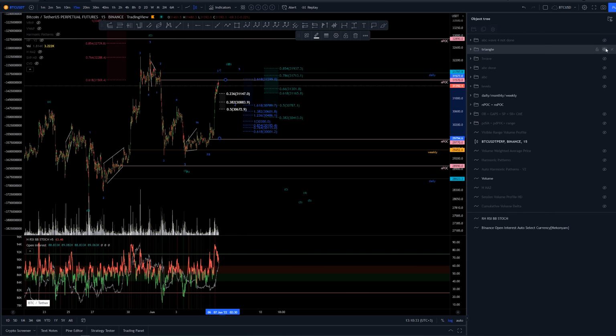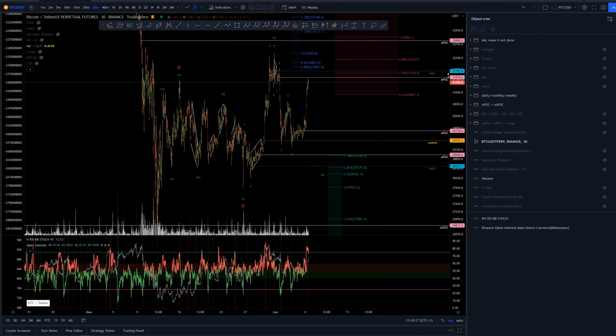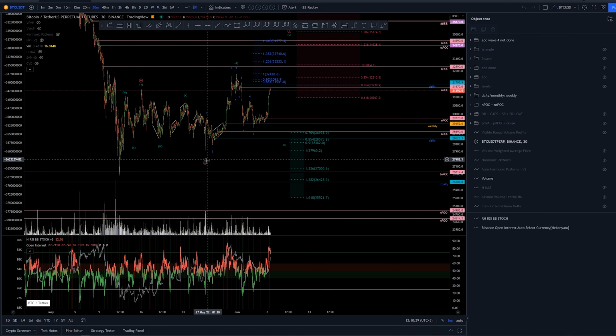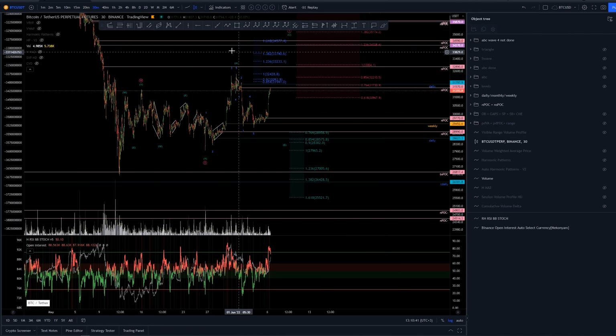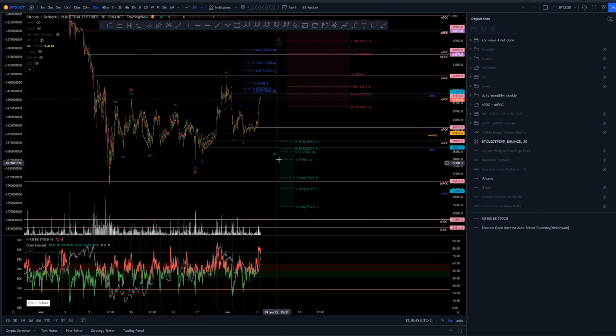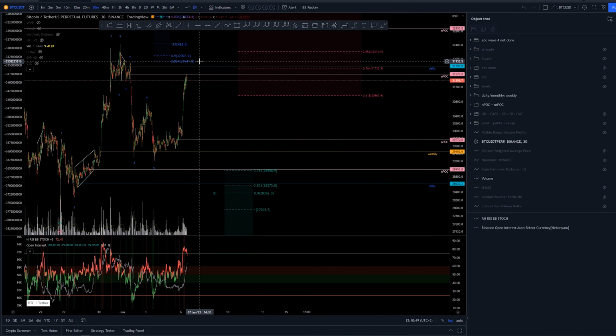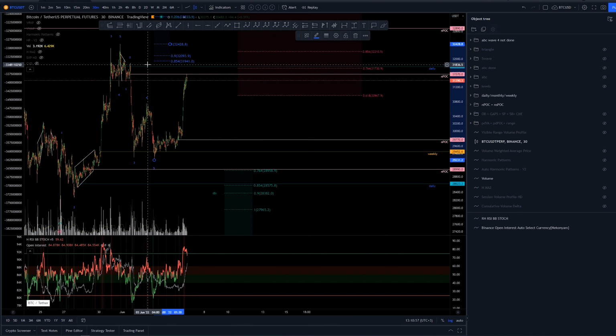Now the other scenario that we had was this one, where we said we have a W, X and Y coming higher. Currently we have made a 1, 2, 3, 4, 5 into wave A, currently making the wave B. Now wave B shouldn't get above this area here at 31,941, as that would be the area of 85.4 resistance or retracement for this first leg.